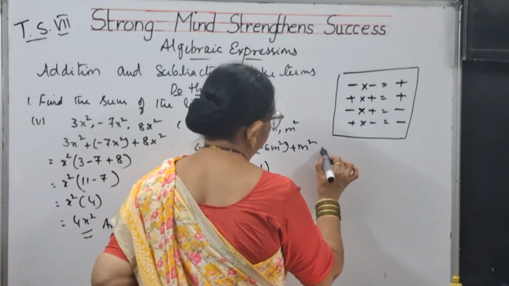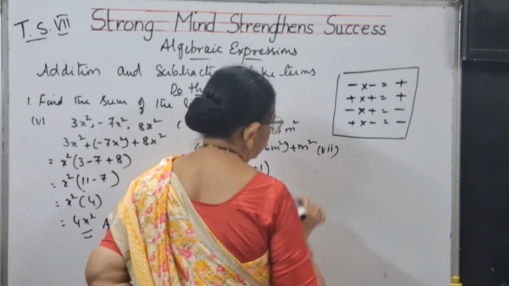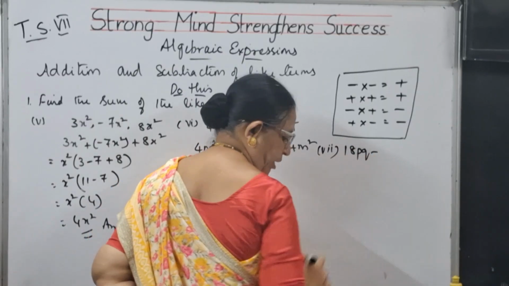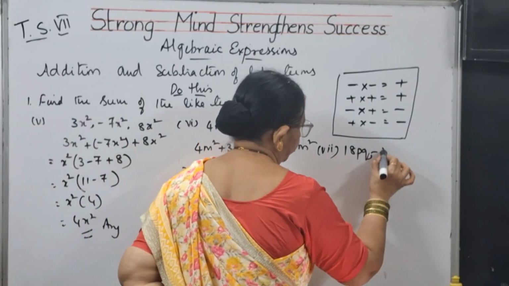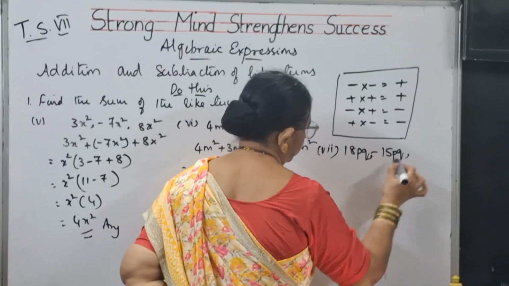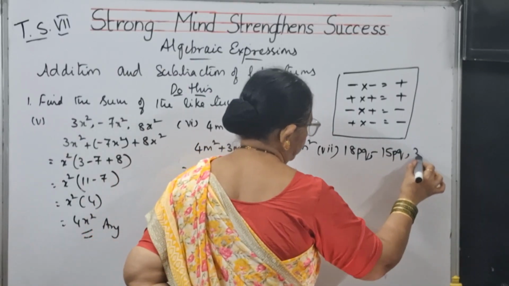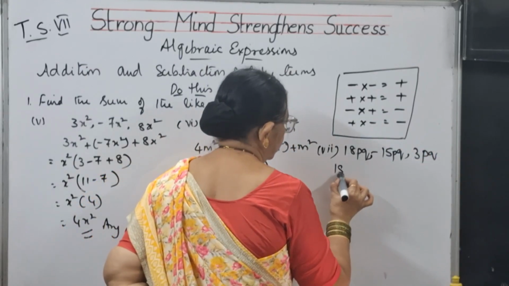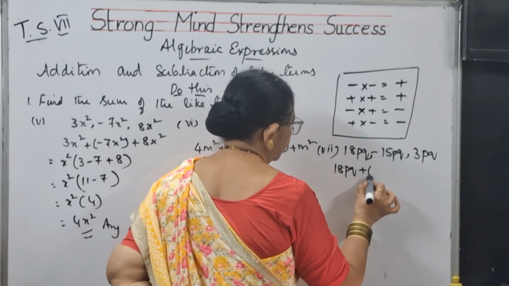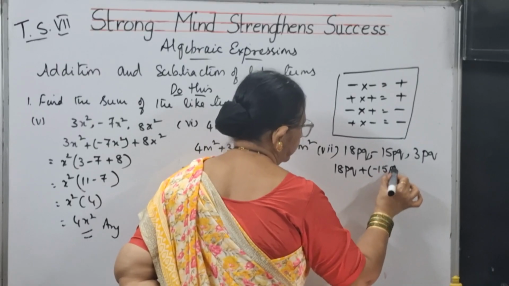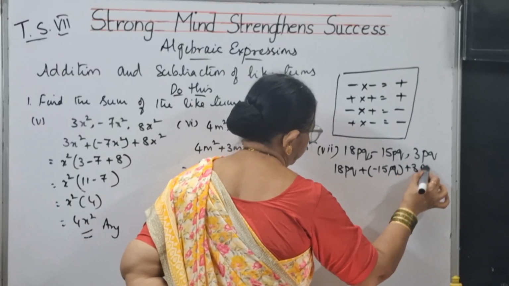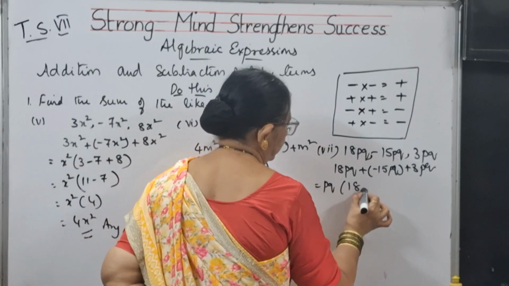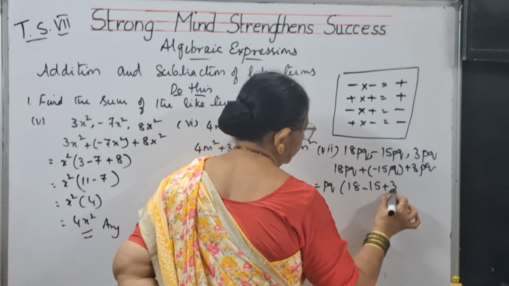Now you have seventh one. I'm doing it here. 18pq minus 15pq and 3pq. These are the three monomials they have given. That means 18pq plus of minus 15pq plus 3pq. So in this pq is common, 18 minus 15 plus 3.